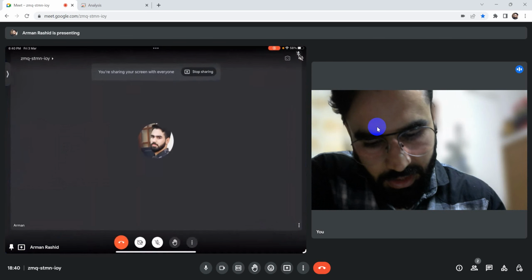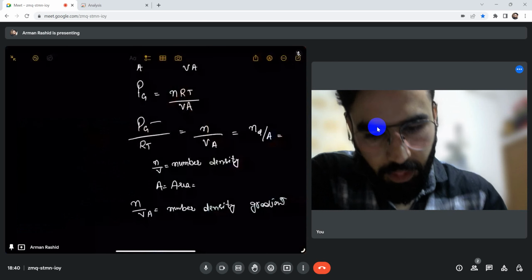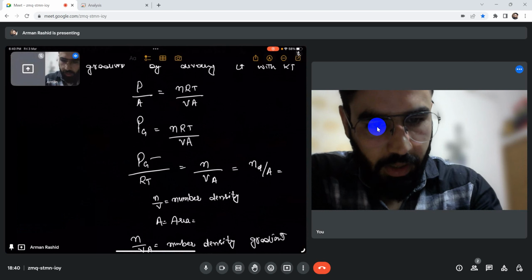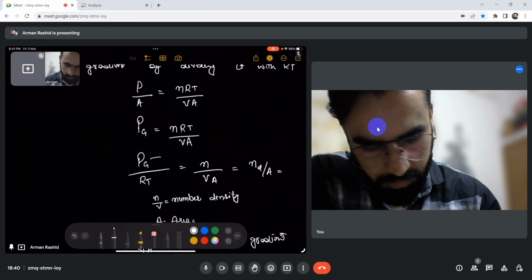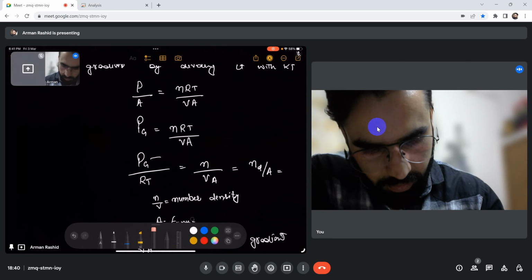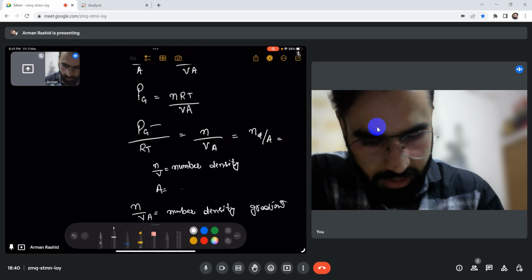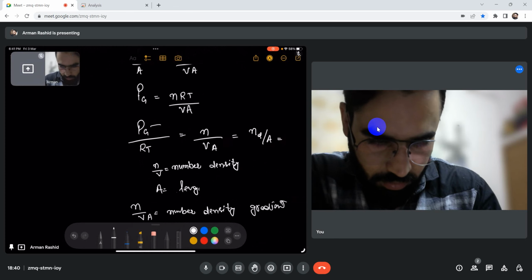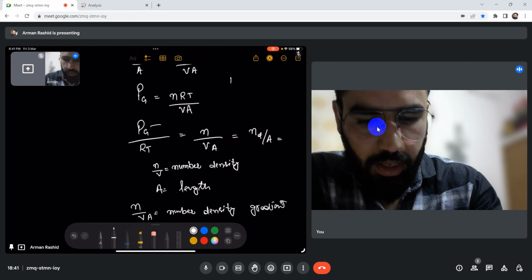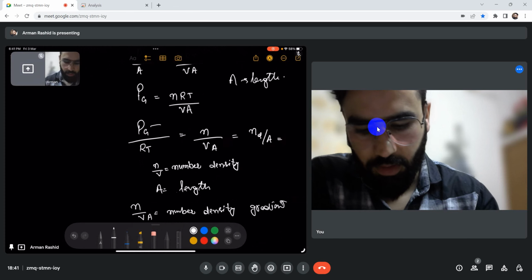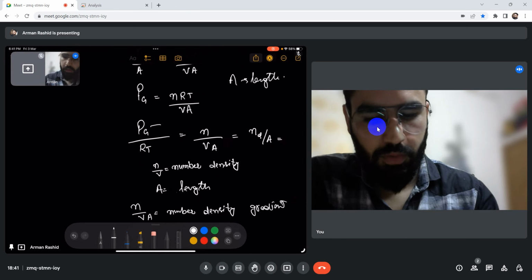Since it is a gradient, A will not be an area, A will be a length, where A is length.